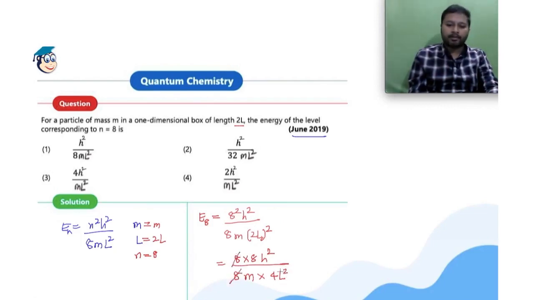Cancel this 8 with one 8, and the 4 cancels the other 8 two times. The answer will be 2h square by m L square. If you look at the options, the correct option comes out to be option number 4. That is how you get the correct option for this question.